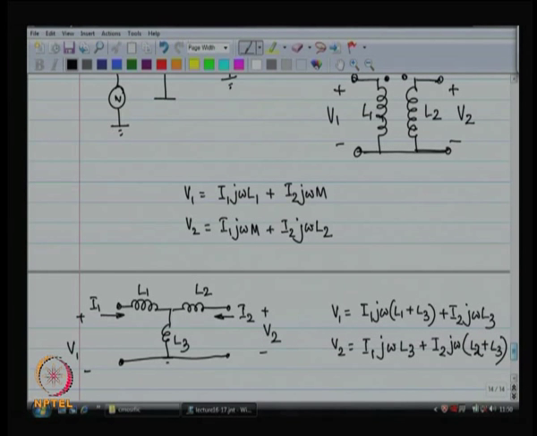Okay. So, as long as your mutual inductance is less than the self inductances of each, you can model. That is usually the case. The mutual inductance is going to be less than the self inductance, because the coupling is ideally at best equal to 1. Okay. The coupling is usually going to be less than 1.